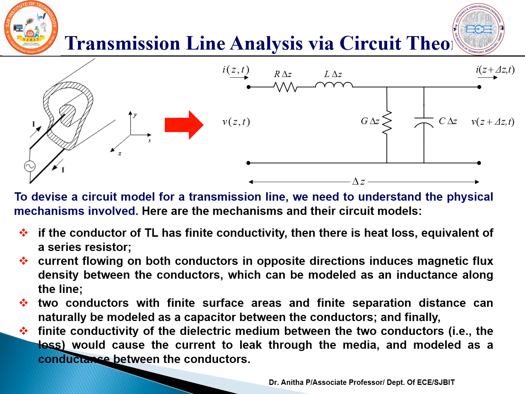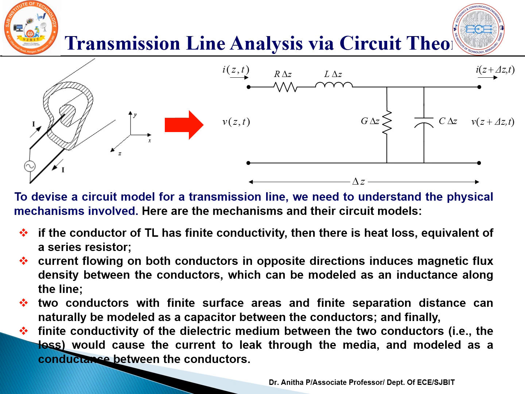So now I wanted to analyze this. To analyze this, we will be applying the same approach as your circuit theory. You have a network, and I need to determine the voltage and current at the other end. For that, you will be applying KVL and KCL. You have 4 components, 2 components in series and 2 components in parallel.